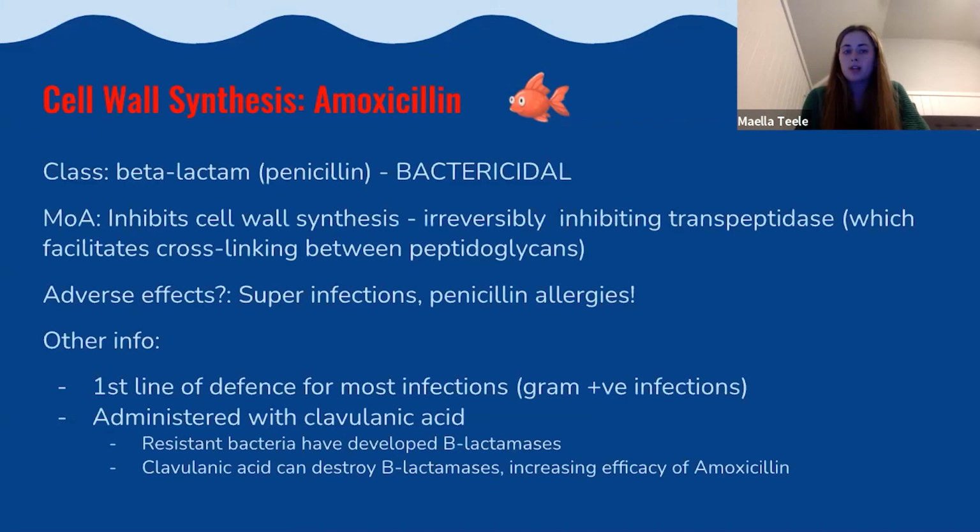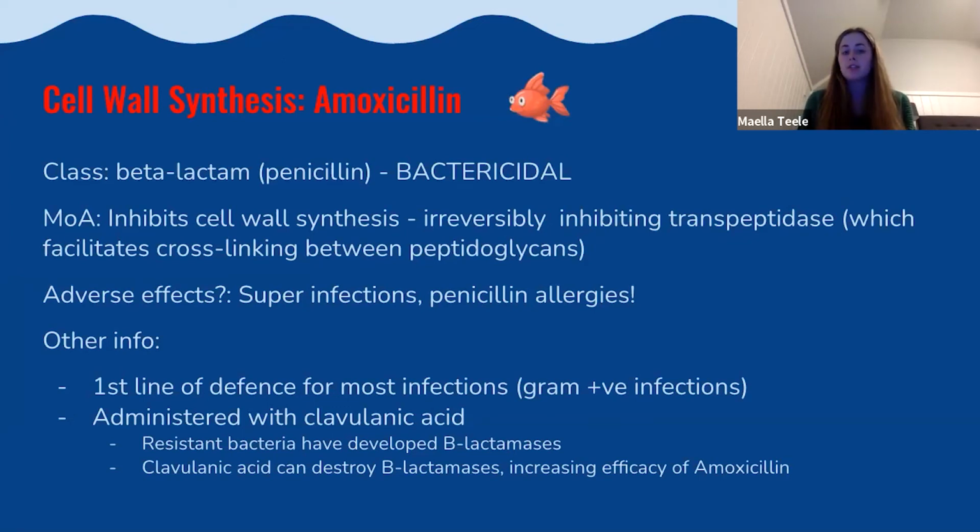I'll just start. Probably the go-to antibiotic, first line defense for most infections, is amoxicillin. This is a beta-lactam, so it is a bactericidal antibiotic, and it works by inhibiting cell wall synthesis. It isn't good if you are allergic to penicillin, so you've got to be careful about allergies with this one.